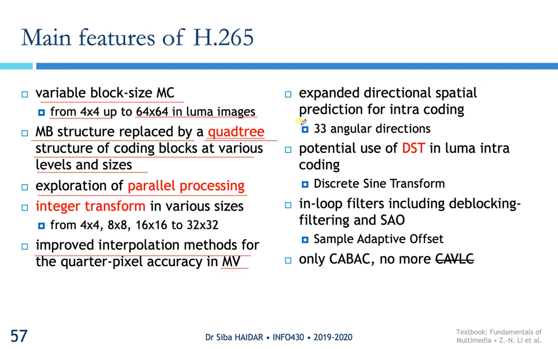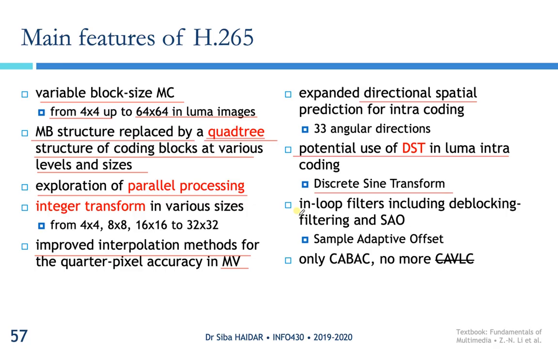Expanded directional spatial prediction for intra-coding: you have now 33 angular directions for directional spatial prediction for intra-coding, and you have a potential use of not the DCT but the DST, the discrete sine transform, in Luma intra-coding.